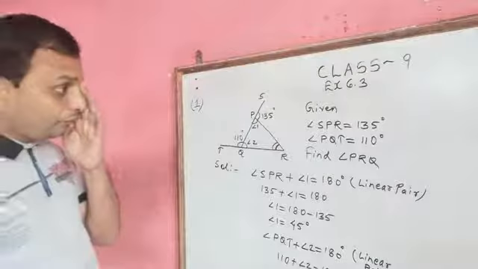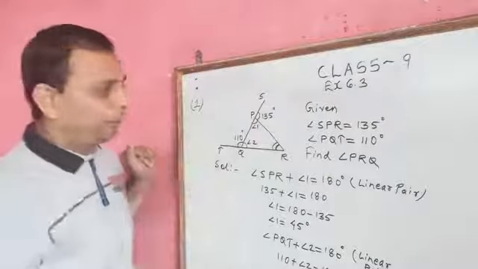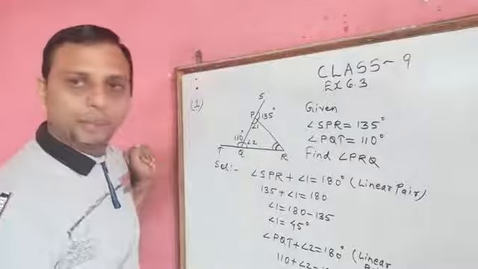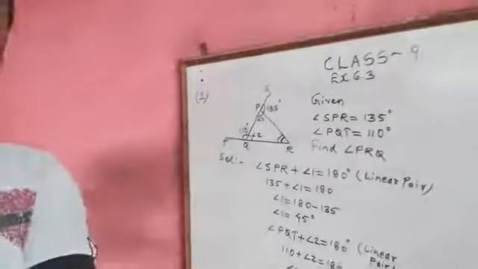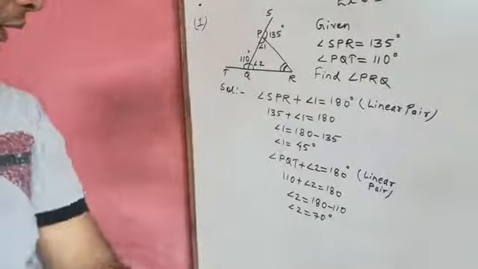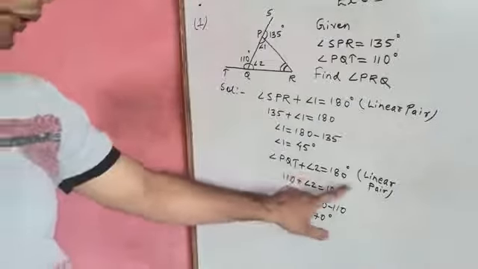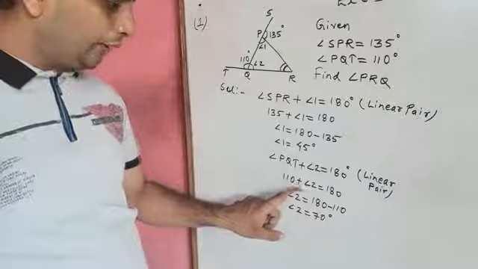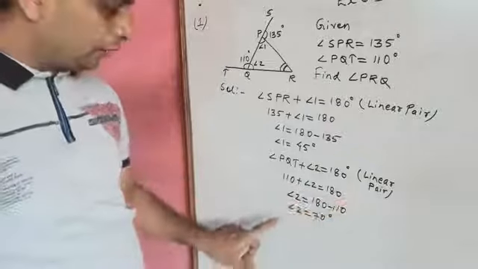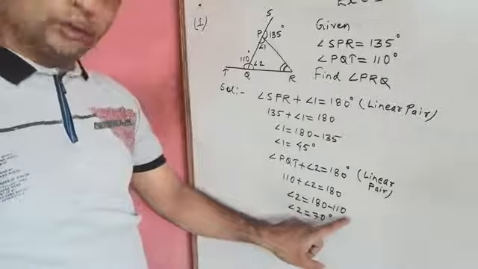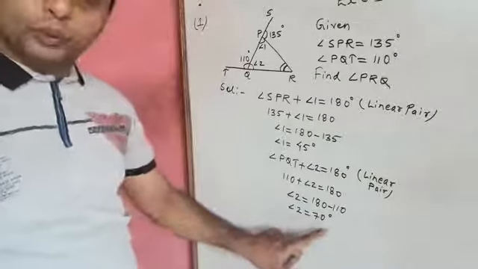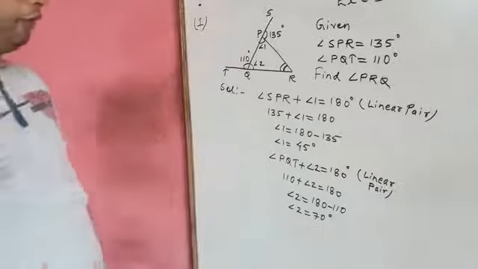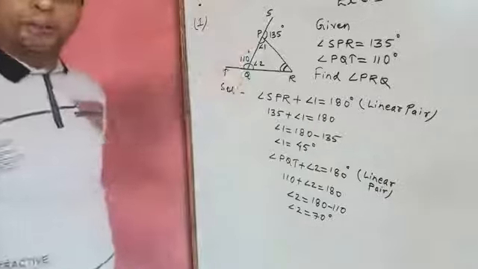Now you can use the angle sum property here in triangle PQR. Now we have to find the value of PRQ.